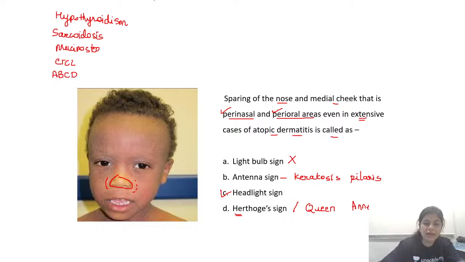Okay, and you can also see it sometimes in patients with alopecia areata and trichotillomania. Okay, so these are the multiple causes of loss of lateral one-third of the eyebrows which can happen in atopic dermatitis as well, and that is called as the Hertoghe's sign or the Queen Anne's sign.